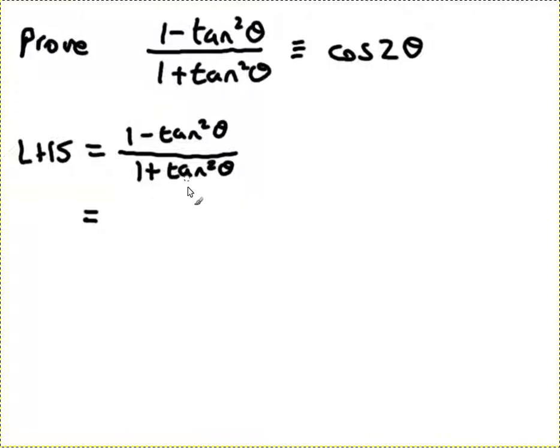Sadly, I don't think that's going to yield us any fruit, but we could write tan squared as sine squared over cos squared, and that's what I'm going to do. That gives 1 minus sine squared over cos squared, over 1 plus sine squared over cos squared.